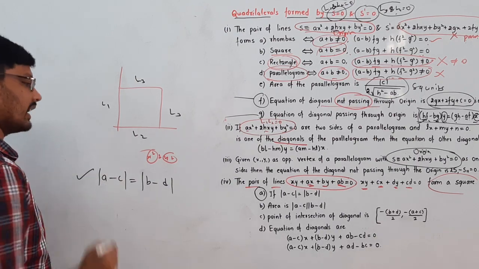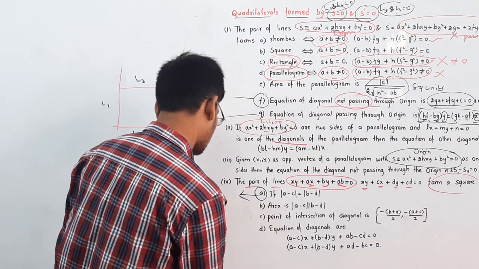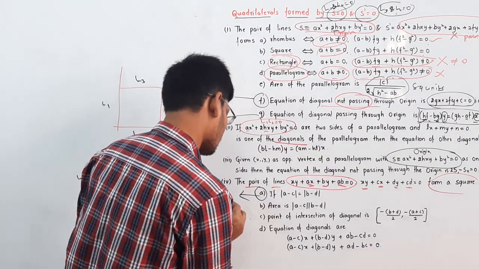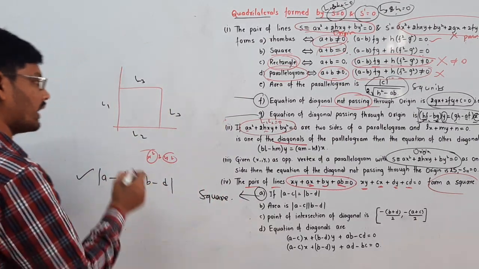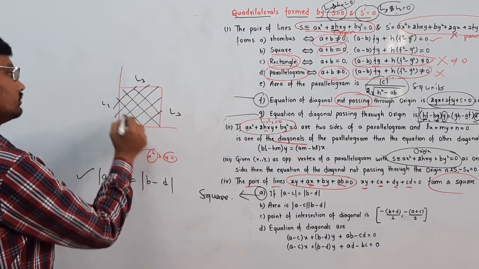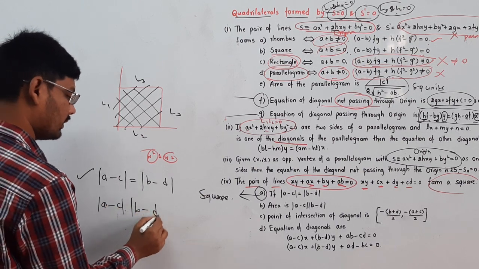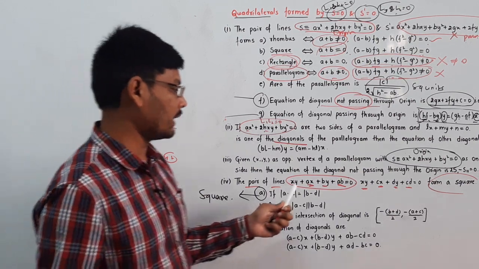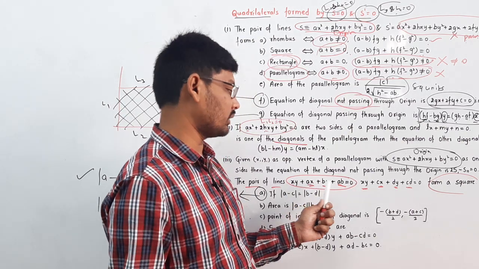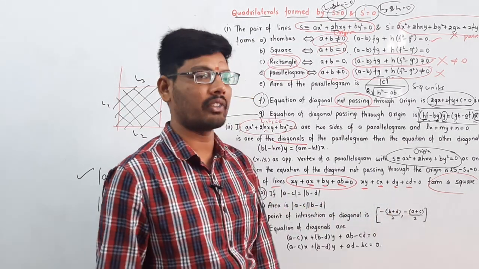If the condition is satisfied, it can frame a square. And the second condition, if you want to find the area of this square, it is mod of a minus c into mod of b minus d, where a and b are the coefficients of x and y in the first pair, and c and d are the coefficients of x and y in the second pair.